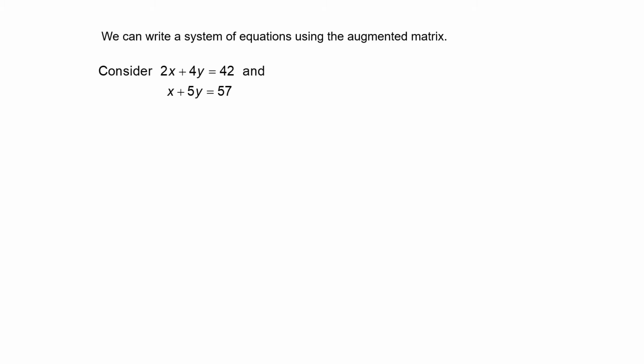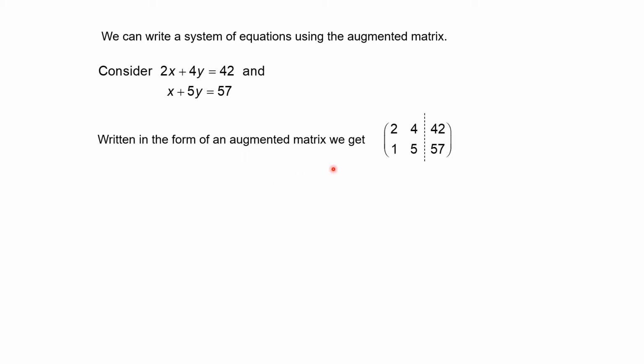For example, if we have a system of equations which is 2 by 2, in this case the system has two unknowns, x and y. So it's called a 2 by 2 system of equations, and we can write it in augmented form. We write the coefficients of x, 2 and 1, and coefficients of y, which are 4 and 5.